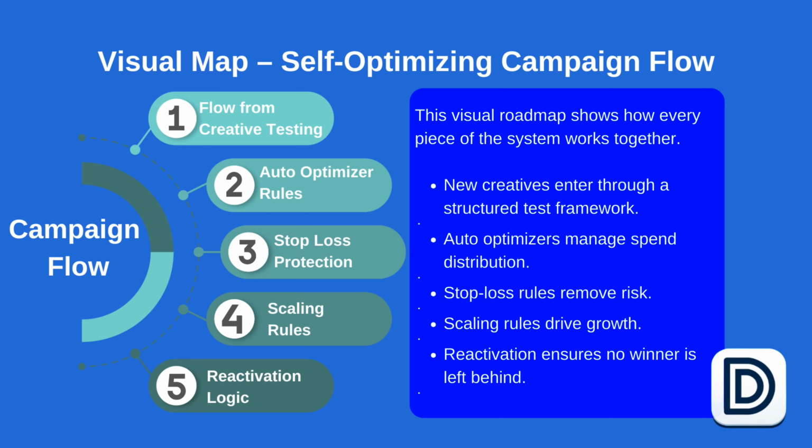Your auto-optimizers manage the distribution of spend. Your stop-loss rules remove the risk of waste. And your scaling rules drive the growth, while your reactivation ensures that no winner is left behind. And so that is the system at work. And it takes a while to set it all up properly, but it is 100% worth the investment.